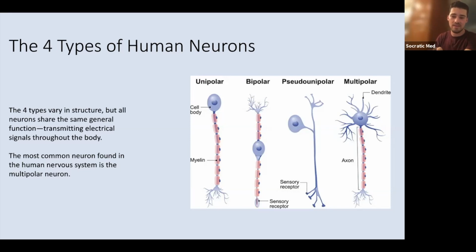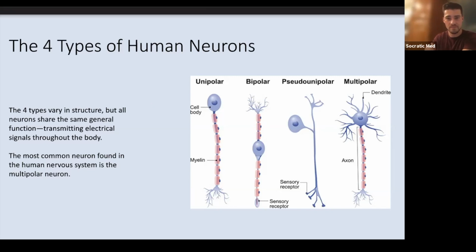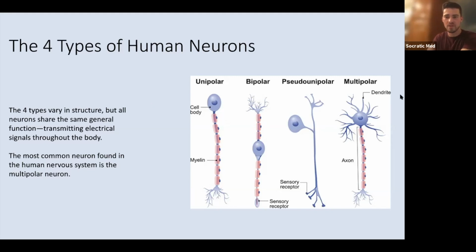So you can see how they have similar structure. It's not really super necessary that you understand what each individual one does, but I just wanted to put it on this slide for a reference point. You should at least be familiar with the fact that there are different neurons and they do serve different purposes. But like I said, multipolar neurons are the ones that you're going to be seeing mostly.